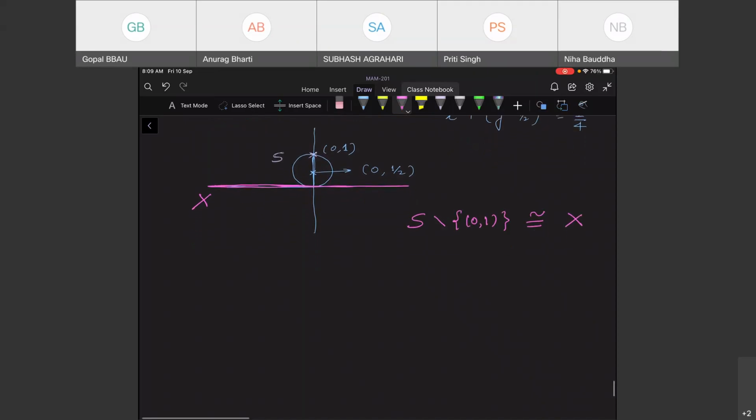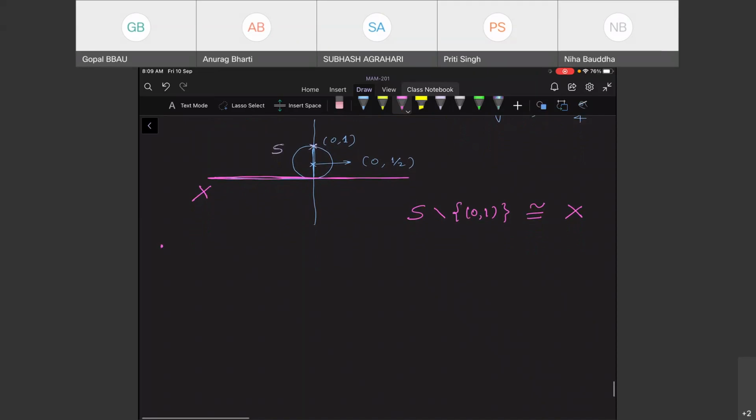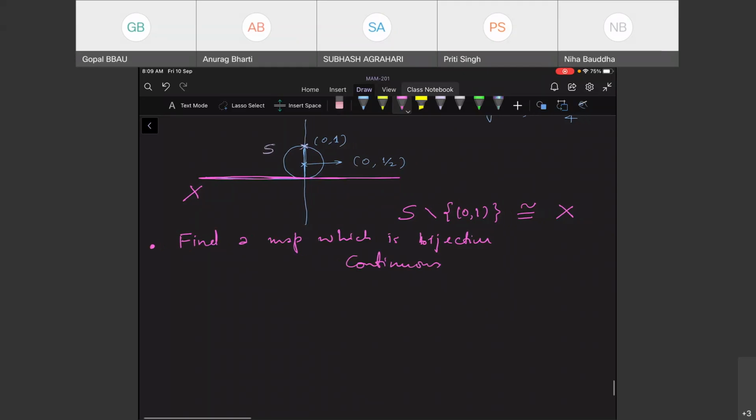So first what we have to do is find a map which is bijective. Then it is continuous. This map should be continuous, and lastly its inverse should be continuous, and it is open.